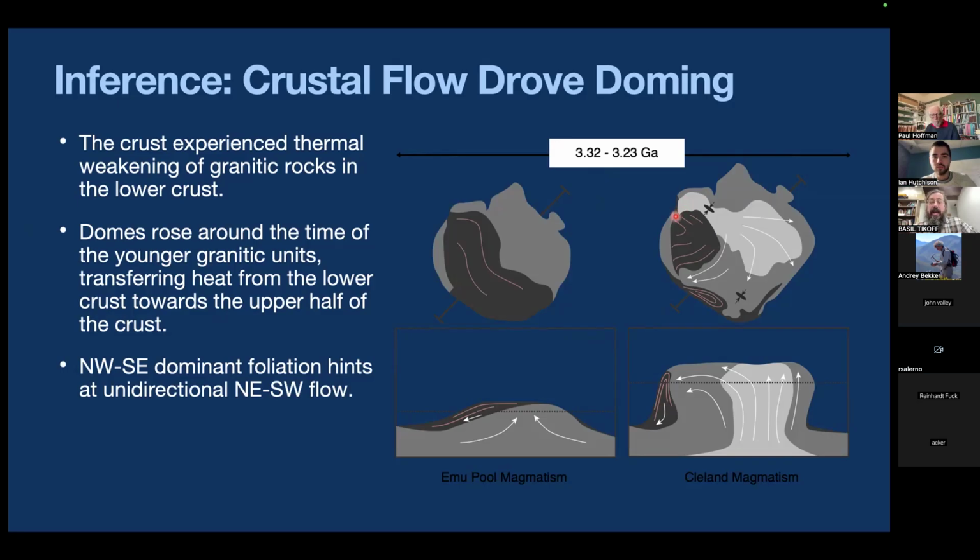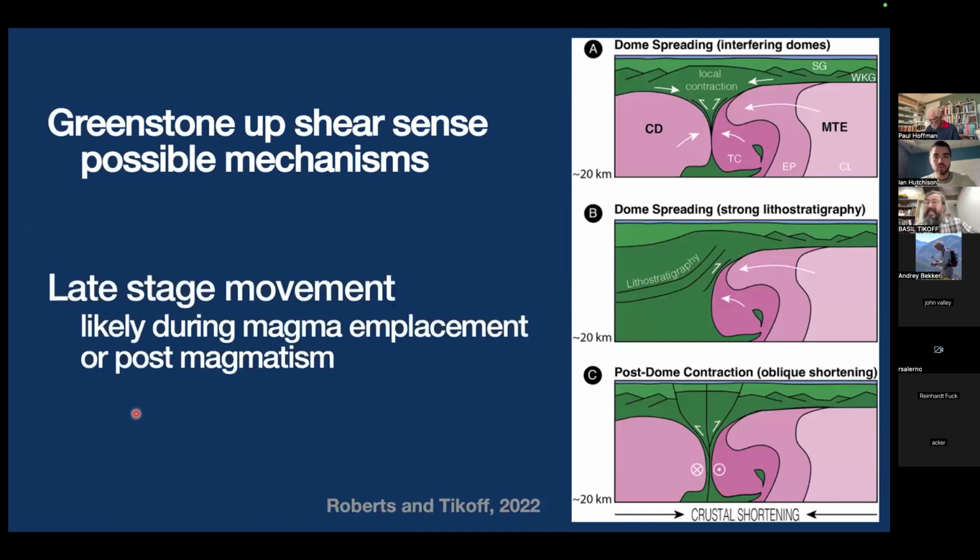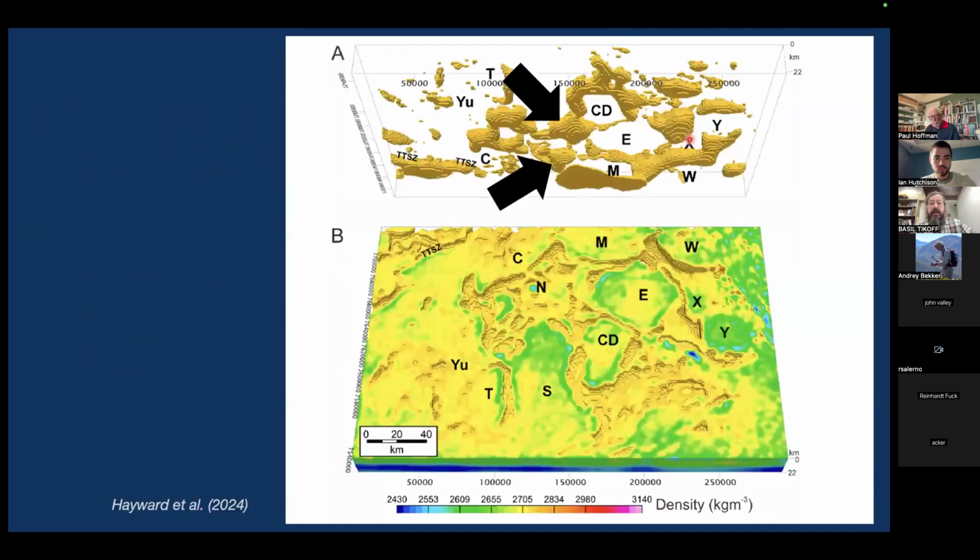But we do have, particularly in the Cleland, a northwest southeast dominant foliation that suggests that there's some kind of unidirectional northeast southwest flow. So that's what we're getting from the domes. From the greenstone on the margins, we're getting this idea that there must be late stage movement, either caused by the Cleland suite or associated with some younger tectonics that we know.